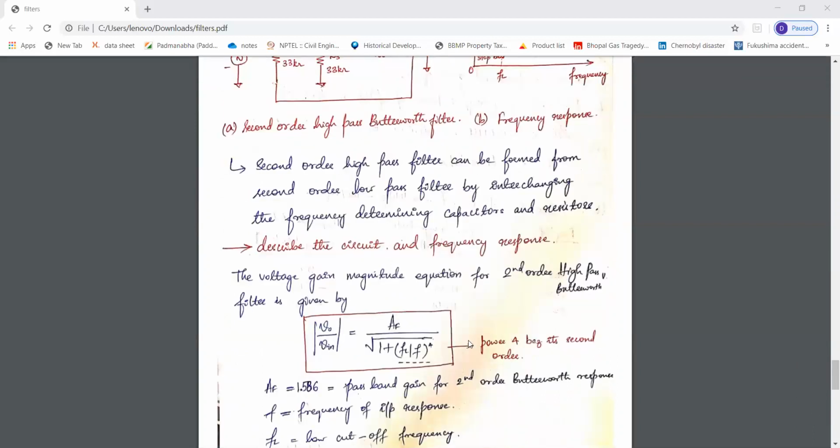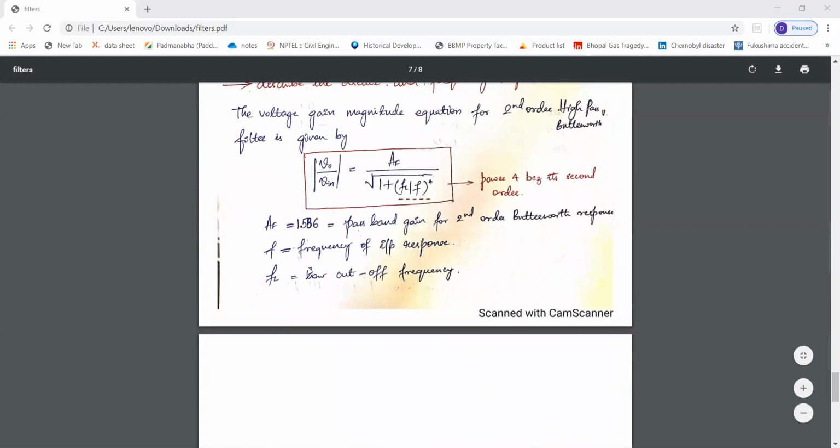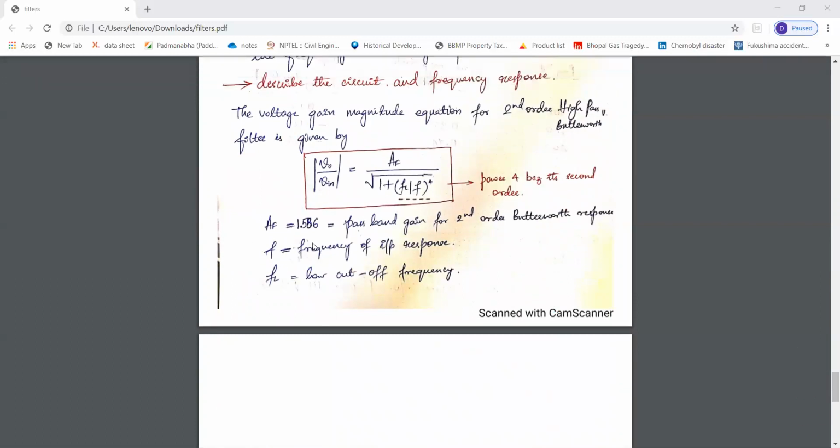And the voltage gain magnitude will be given by this equation, which is equal to AF by square root of 1 plus (F by FL) to the power 4, because it is second order, and the gain will be equal to 1.586. The passband gain for a second order Butterworth response will be equal to 1.586.